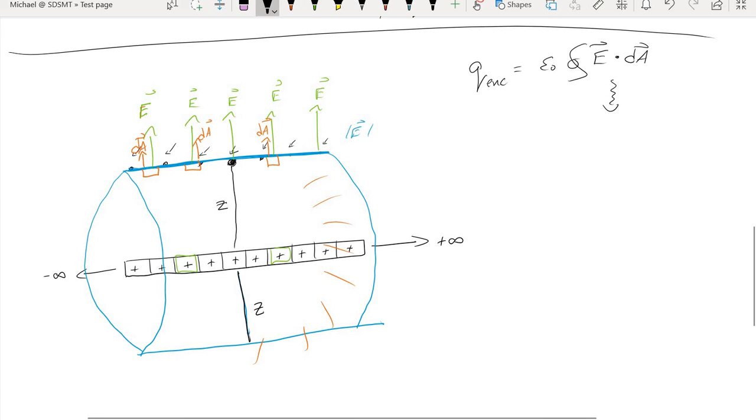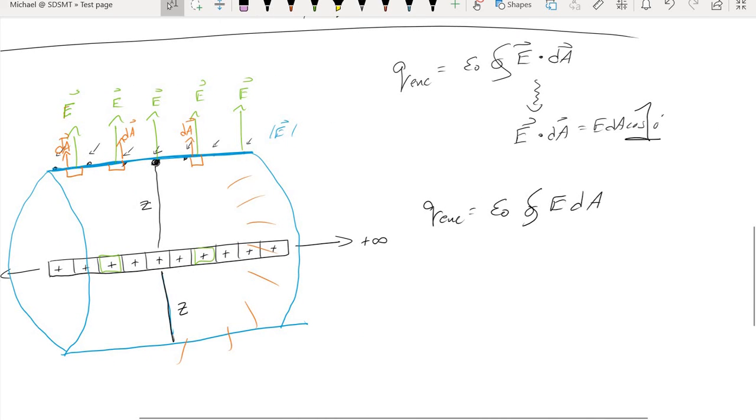And that means that every time we look at the pairing of electric field and surface area, there's going to be another cosine 0, or that cosine relationship will go to 1. So now we reduce our dot product down to just E dA. So we've lost the vector notation.